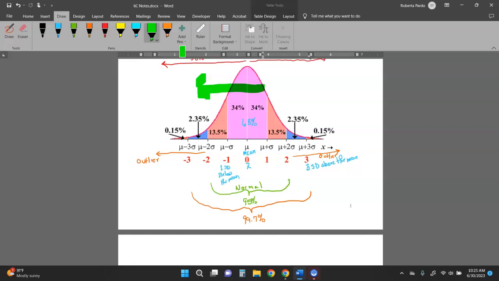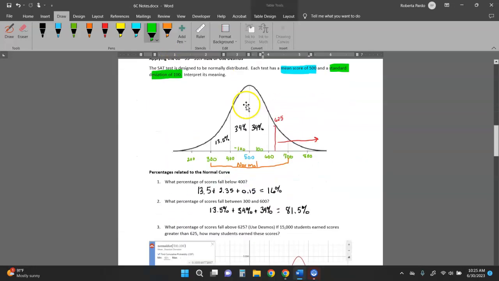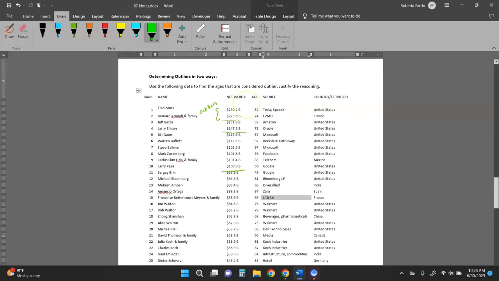So that would be less than or equal to 1 standard deviation. So if you're in a certain percentile, then the rest of the population is below you and you are above that. Okay, so that's what a percentile means.